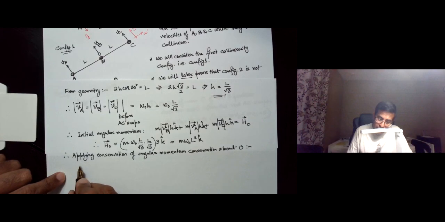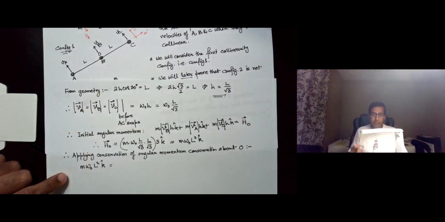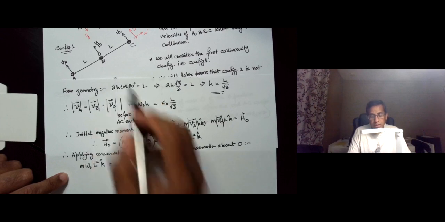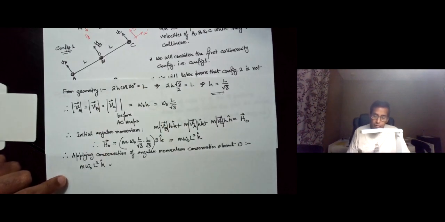So therefore we have m omega naught L squared k is equal to the angular momentum of these particles about the point O. Now, in formulating the angular momentum, note that B is coincident with the center of mass, so therefore although B has a velocity, it does not have an angular momentum about the point O.